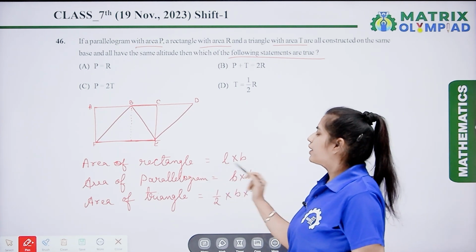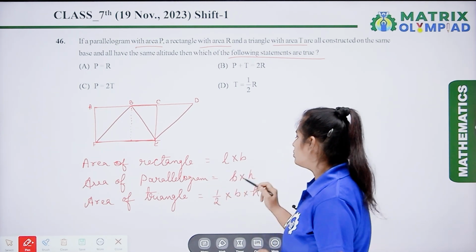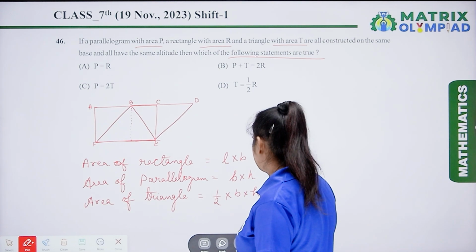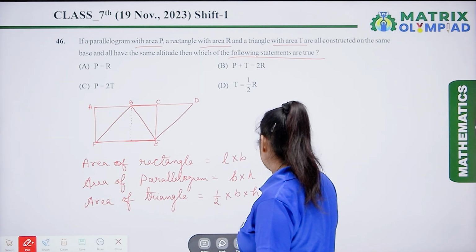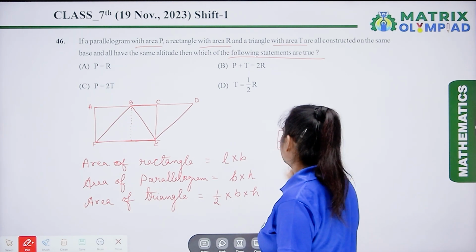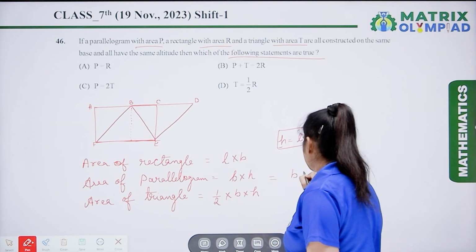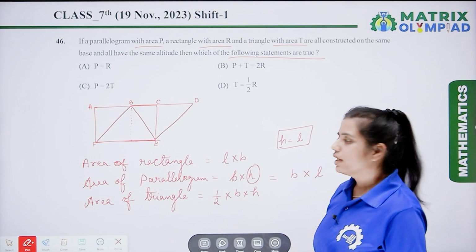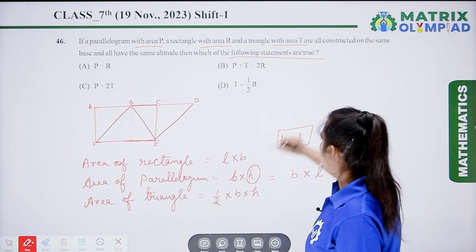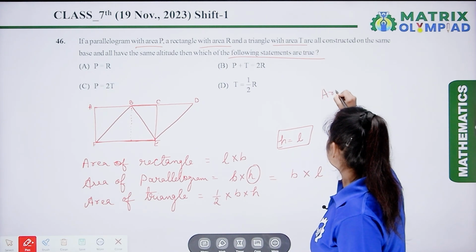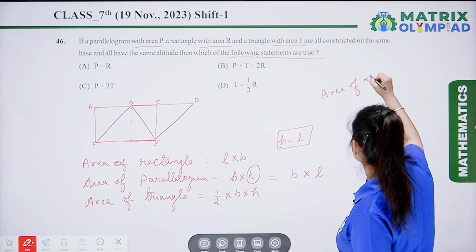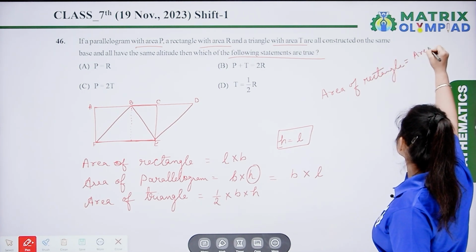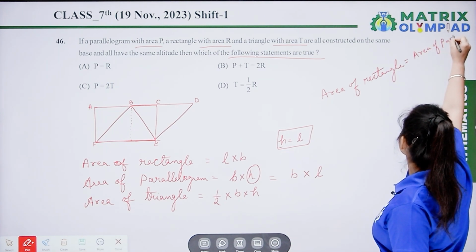So here the area of the rectangle is L into B, area of the parallelogram is base into height. Here the height is the same, so we can say that height is equal to L. So the area of the parallelogram is equal to B into L if we replace H with L. So according to this, we can say that the area of the rectangle is equal to the area of the parallelogram.